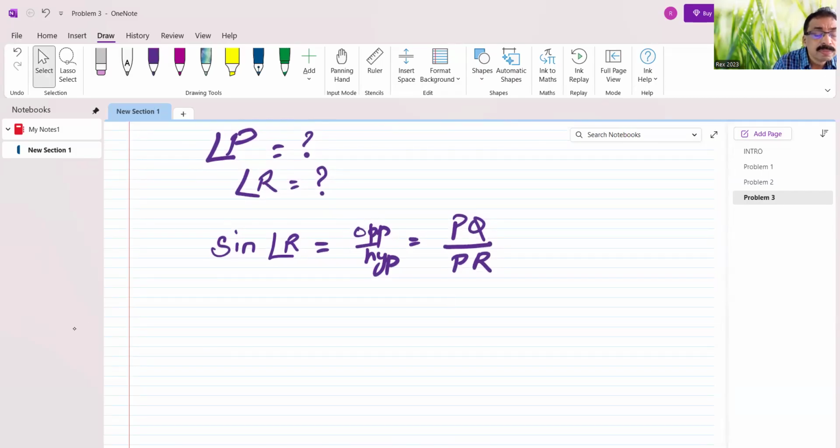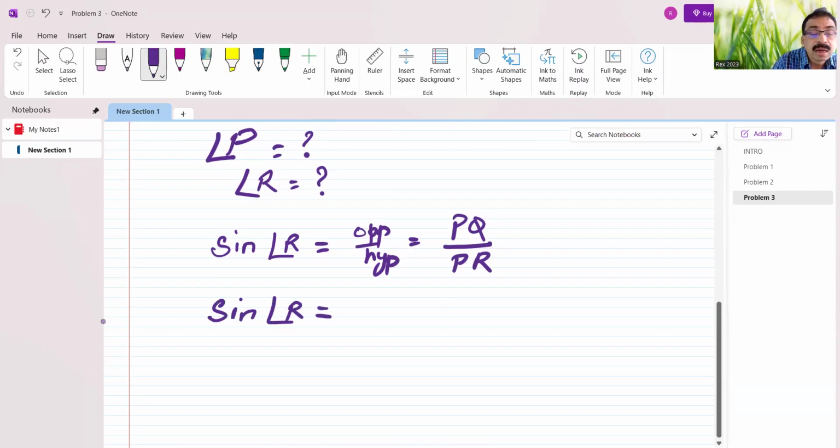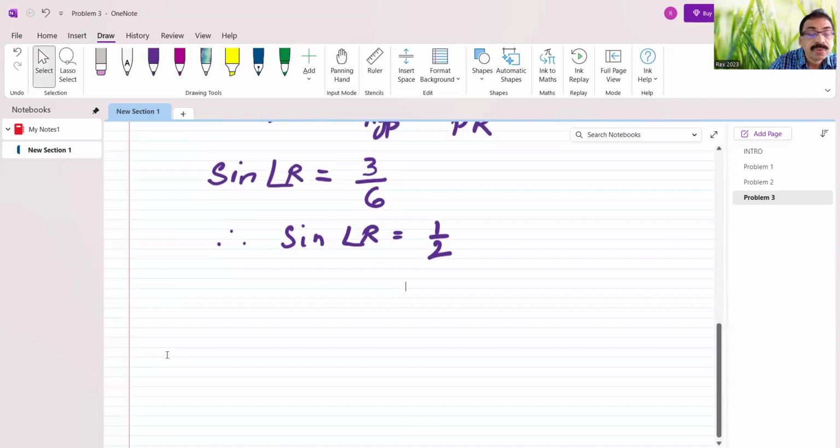Then I will write the values: PQ is 3 centimeters, PR is 6 centimeters. Therefore, sine of angle R is equal to 1 by 2, since 3 and 6 reduce to 1 by 2.